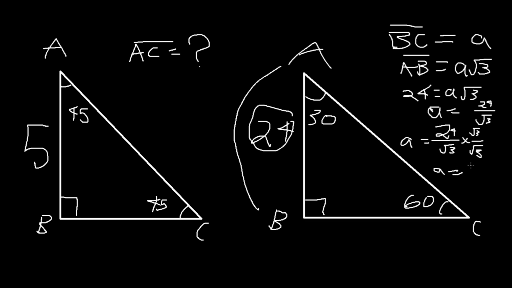We'll be left with 24 radical 3 over 3. Now we'll simplify, and we get that a is equal to 8 radical 3. We know that our BC value is equal to a. So if a is equal to 8 radical 3, side BC is equal to 8 radical 3.